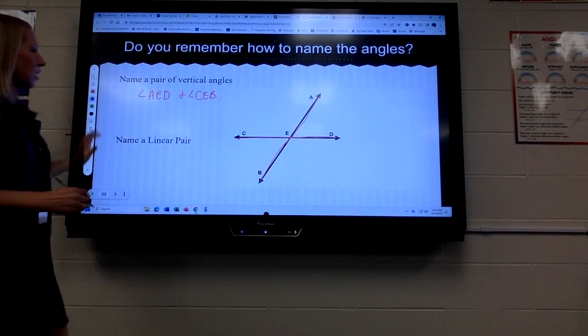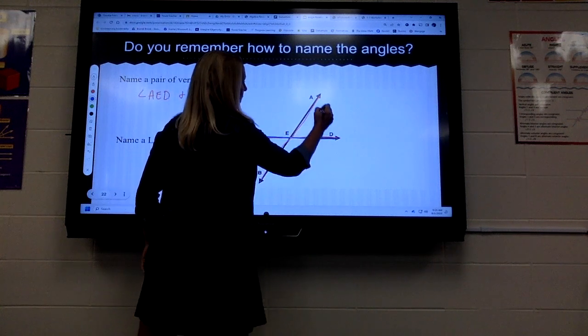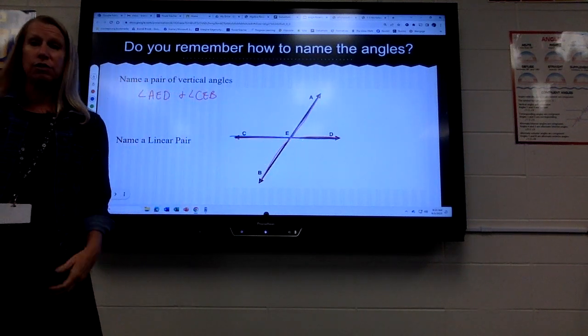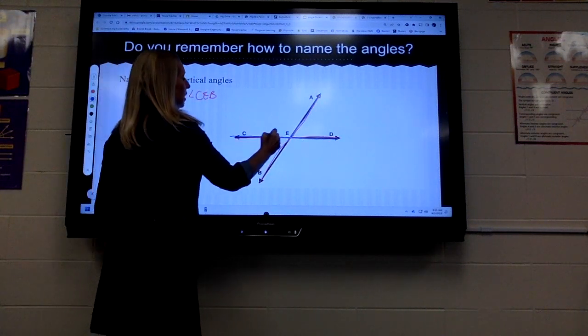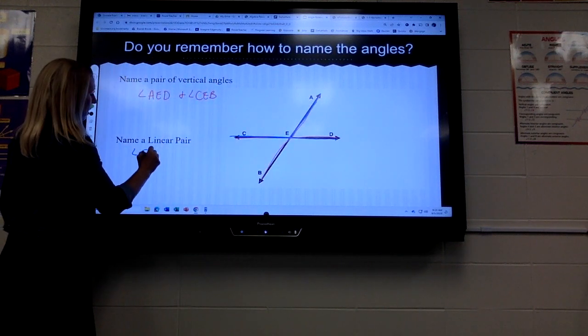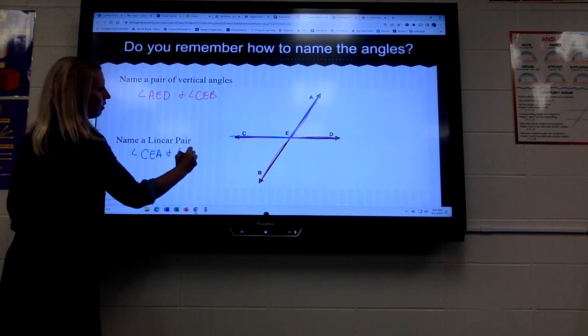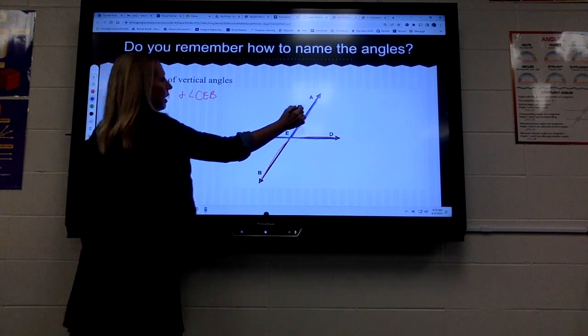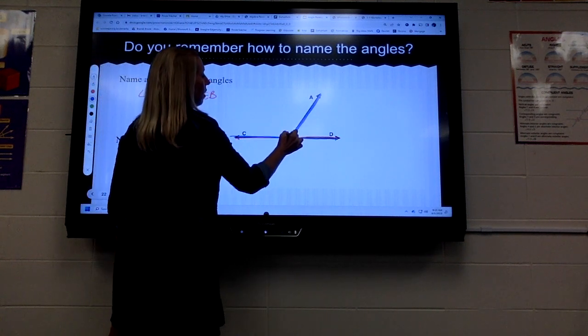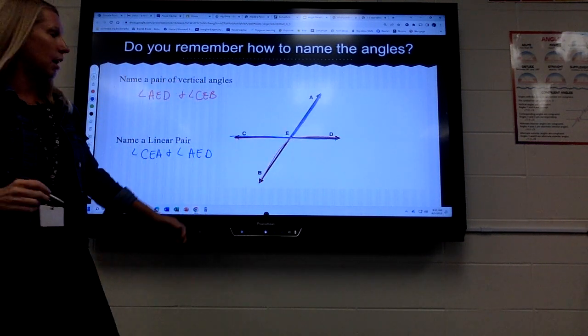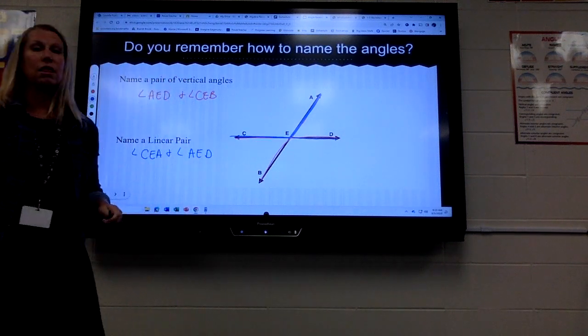A linear pair makes a straight line, but make sure you name two angles because it's a pair. So CEA and angle AED. They have this side in common. They are adjacent, so they share a side. And together they form a line.